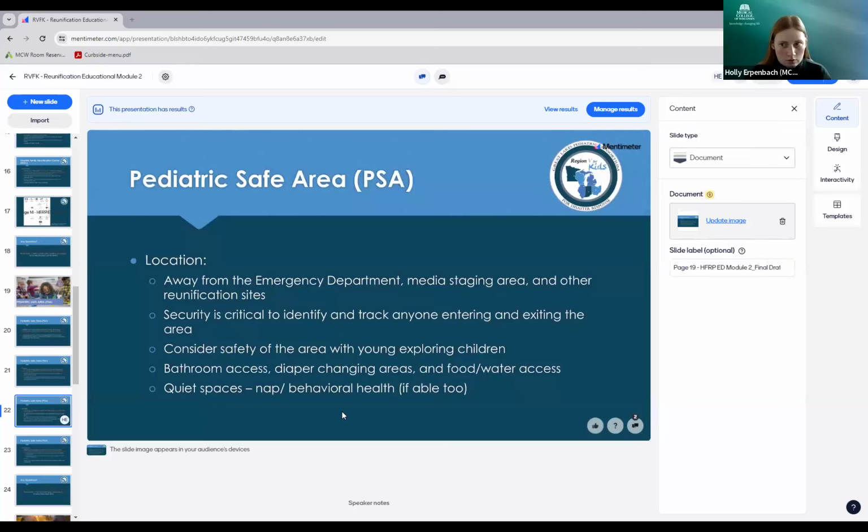So on page 22, there was a question about age, I believe.